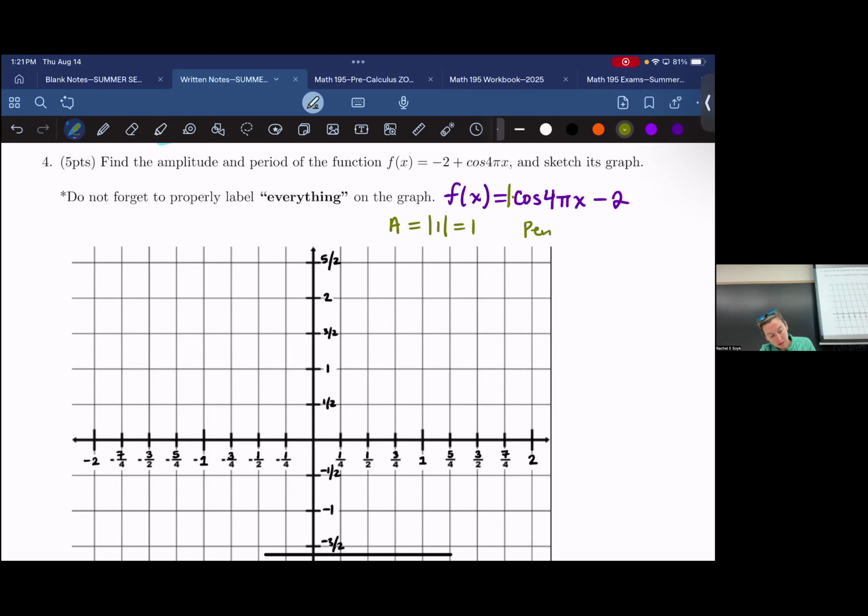Our period is 2 pi over B. Once again, we have no horizontal phase shift going on.